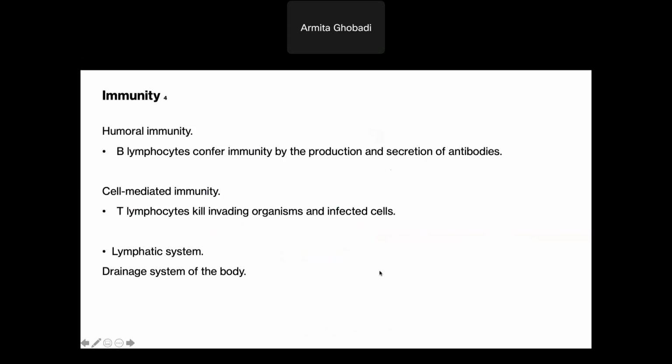There is another system which is very important. It is kind of similar to our blood system. It is the lymphatic system, and its responsibility is the drainage of the body.